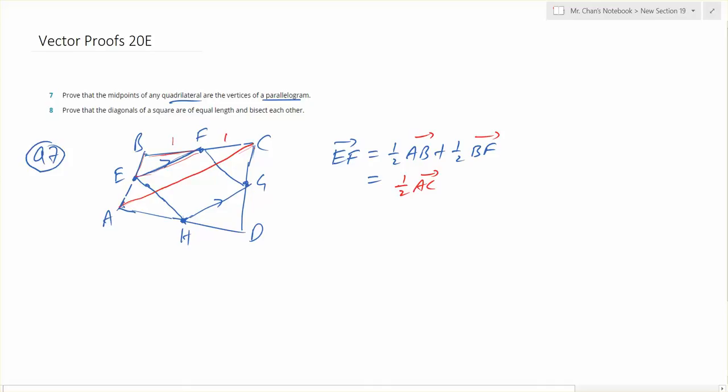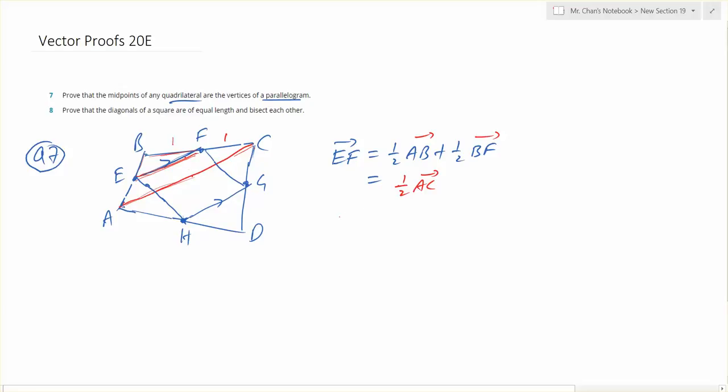So whatever that length is, double. So it means that EF is actually half of AC, because since this is double of that, then one length of that would be just half of that.